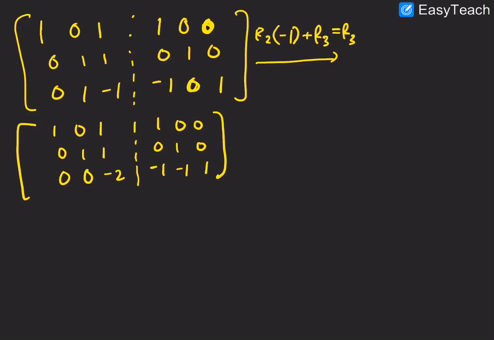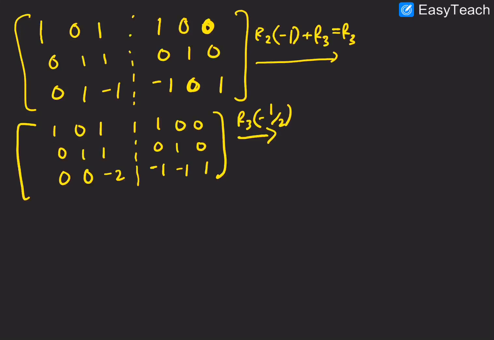Okay, so as you can see on the left side, we have this column done, this column's done. Now we just have to work on this third column, and we want 0 0 1. So it's going to be a couple of operations. What we can do is take row 3 and multiply it by -1/2.